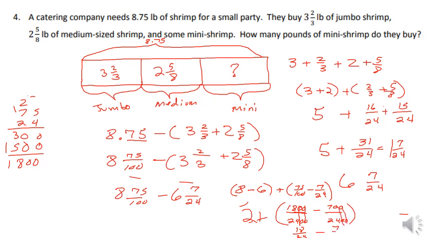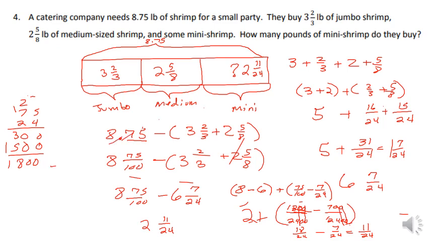Now I got 7/24. So 18 minus 7 is going to give us 11/24. So now we know that our answer is 2 and 11/24. So 2 and 11/24 was our answer.